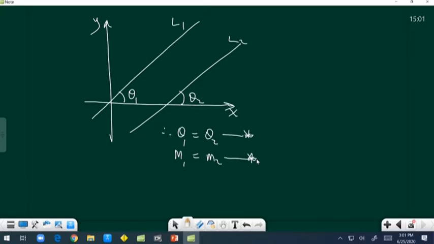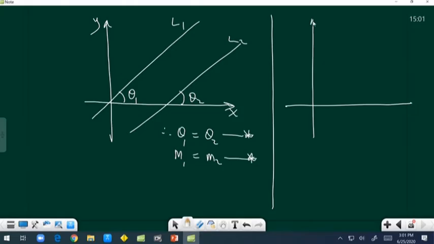But if you consider perpendicular lines, if two lines are perpendicular to each other, let me say on the xy plane, we have this line moving in this form, another one moving like this at an angle of 90 degrees. So here is line 1, this is line 2. This one is theta 1, and this one is theta 2.